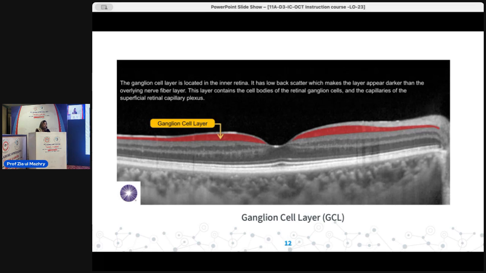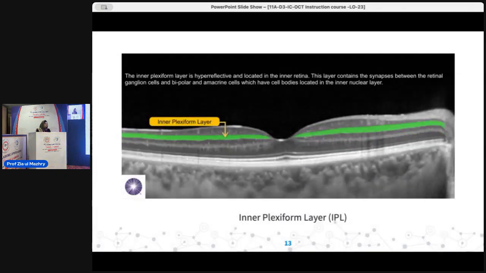And the cell layers, ganglion cell layer, inner nuclear layer, outer nuclear layer, which consist of cells, will be duller, blacker, on the dark side. Moving on to the next layer, which is the plexiform layer, it appears as a bright layer. So the plexiform layer is this layer on retina.